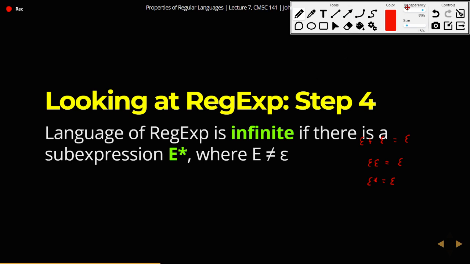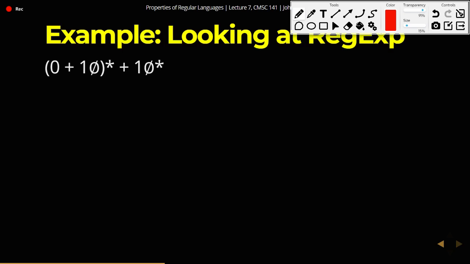Okay, and then after you have simplified everything, we will check if the language of the regular expression is infinite: if there is a sub-expression E star, a closure, where the expression is not equivalent to epsilon. Okay, so let's take a look at an example.